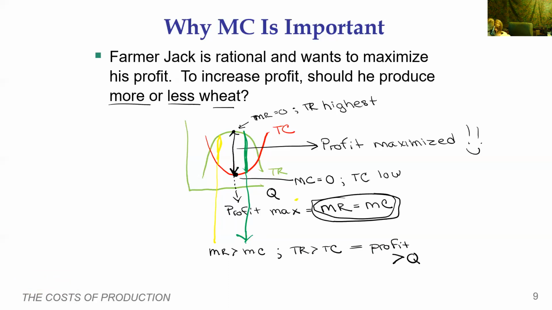However, what we would want to do if we're past where profit is maximized, yes, marginal revenue is still greater than marginal cost. And yes, total revenue is still greater than total cost. But here, to increase our profitability, we would want to decrease our quantity.